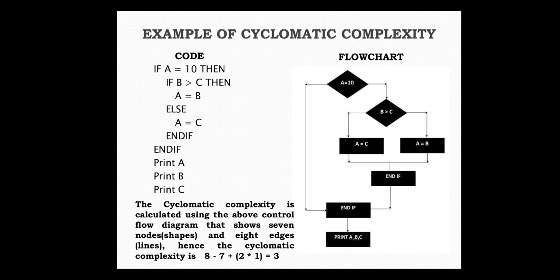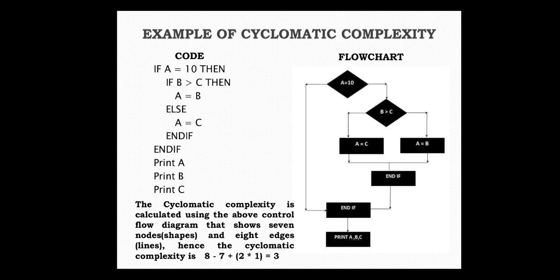So there are 7 nodes in total, and to connect these nodes you need 8 edges. So calculate the arrows, or the paths, connecting these nodes. There are a total of 8 edges present to connect these nodes.